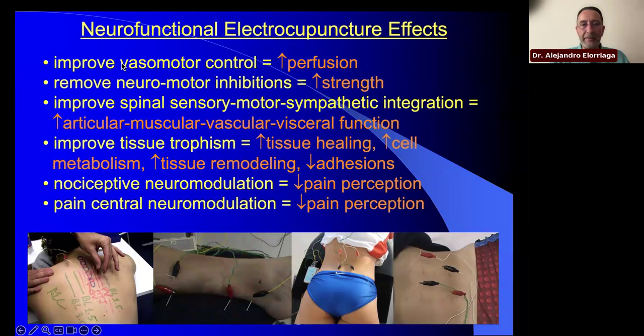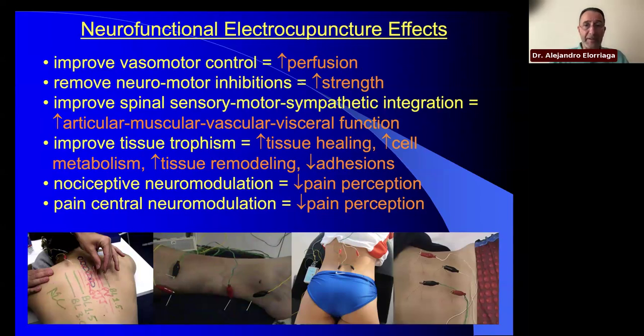At the end of the day, the vascular system, the arterial system, is a set of muscles, hollow muscles. And these muscles, like the somatic muscles, could suffer a spasm. When they're fatigued, they don't relax properly. Spasticity is due to energy crisis, among other things. So if we can improve vasomotor control, we can improve perfusion, and that will solve a lot of problems.